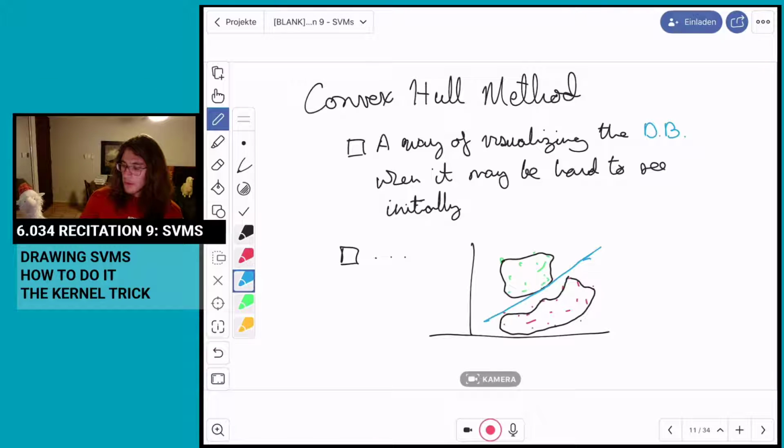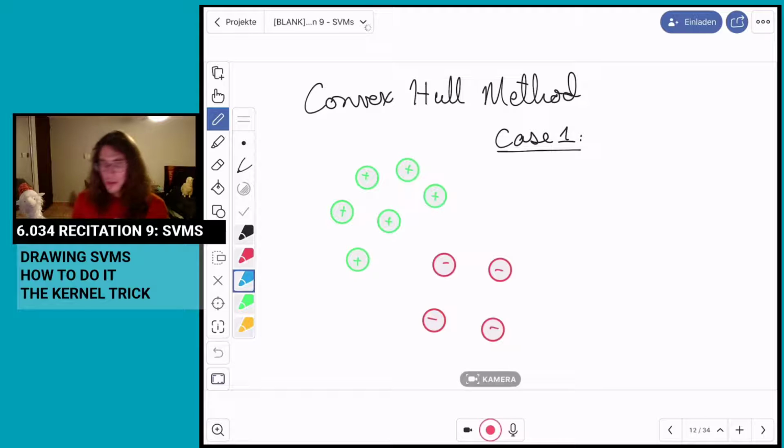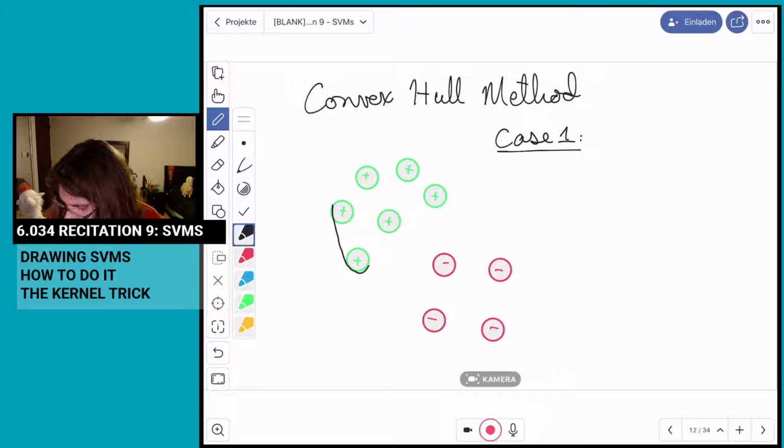Then the convex hull method in this case allowed me to see where I could draw the decision boundary. And I'm going to go over the cases. First, I'm going to take my rubber band or hairband. I suppose I should trademark it at this point. The convex hair method.